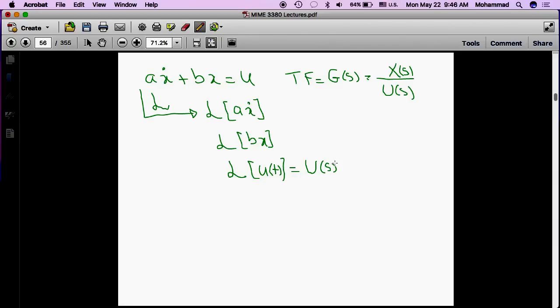If I knew, I would go to the table and say, okay, u of t is a sine function, so I know what the Laplace transform of a sine function is. But here, I don't know. It's just a general function, so I'm going to write the equivalent Laplace transform. And so is x of t. I don't know what x of t is. I haven't solved the differential equation. So it simply becomes, by the way, because b is constant, it just stays as a coefficient. So it becomes b X of s.